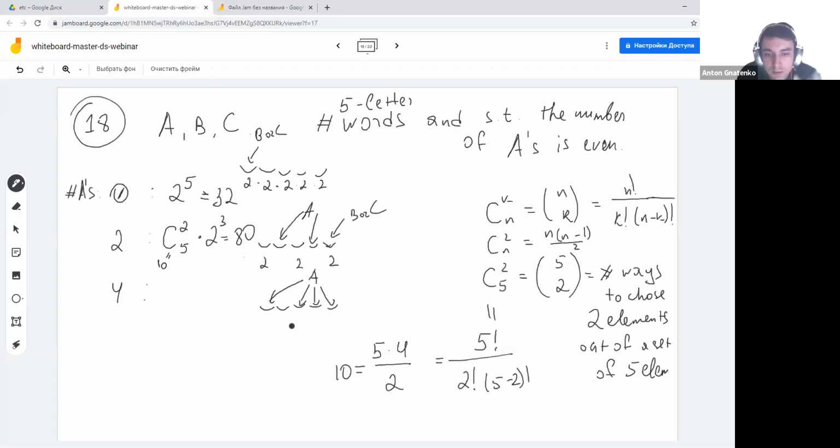So there are 4 ways to choose 4 positions, because we choose one and leave it aside, and the other 4 positions are filled with A's. So there are 4 ways to choose the positions for A, and there are 2 ways to fill the remaining position with either B or C.